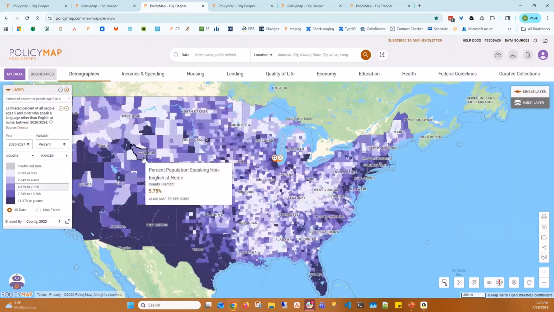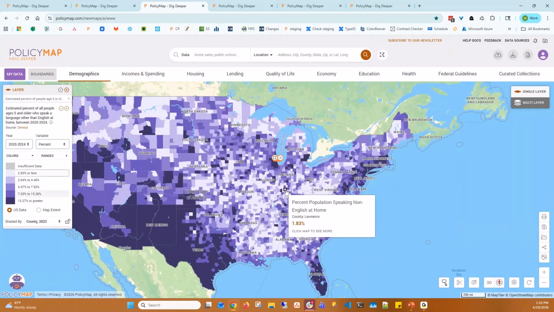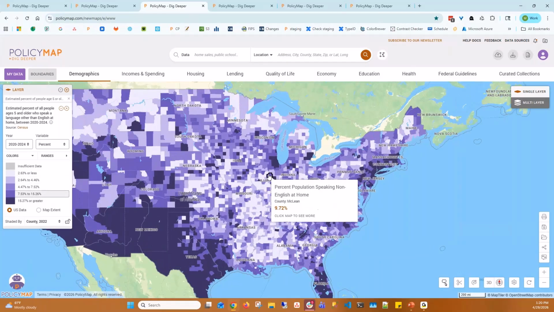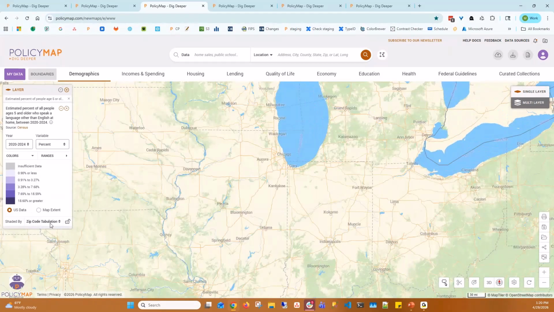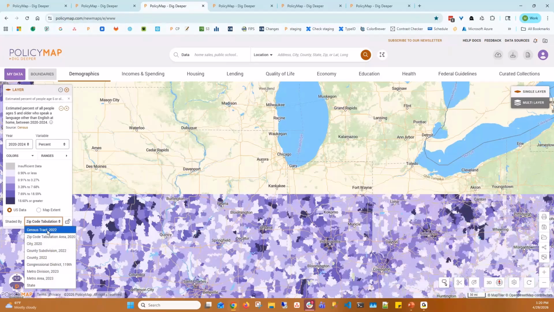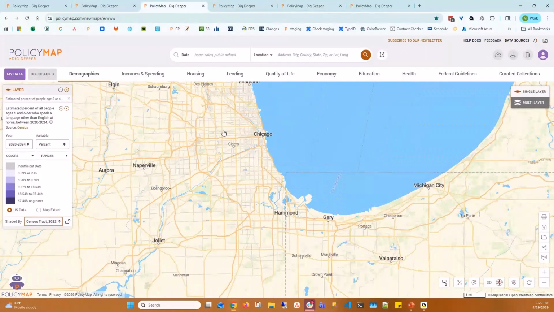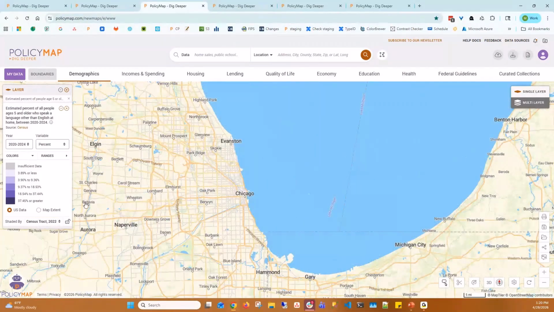This indicator is a good starting point, an entry point into understanding where perhaps other services need to be provided that extend beyond English. Before PolicyMap, I was working in food banks, and this was often a very big question: understanding what languages are spoken in a community in order to know what materials to provide in what language.